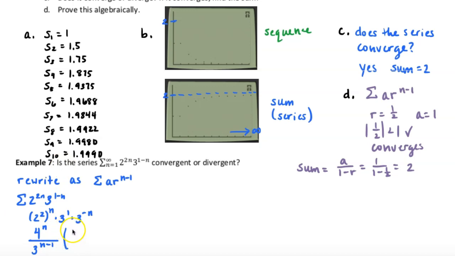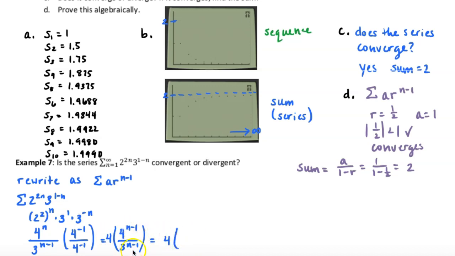And so if I multiply this by 4 to the power of negative 1 over 4 to the power of negative 1, this will give me 4 to the power of n minus 1 over 3 to the power of n minus 1 times... Now this 4 to the power of negative 1 got put in the numerator, but I don't want to include this 4 to the power of negative 1 in the denominator. And what's a denominator of 4 to the power of negative 1? Well, that's a numerator of 4 to the power of positive 1. And so finally I can write this as 4.